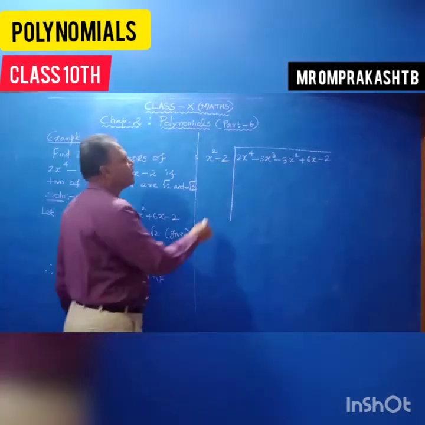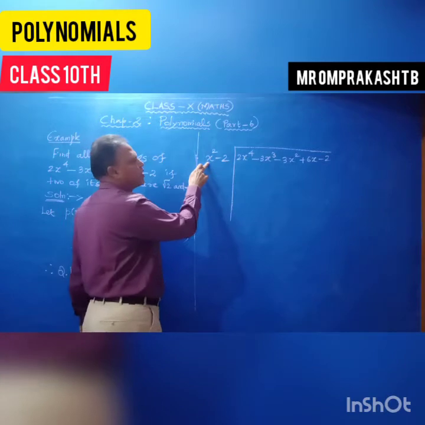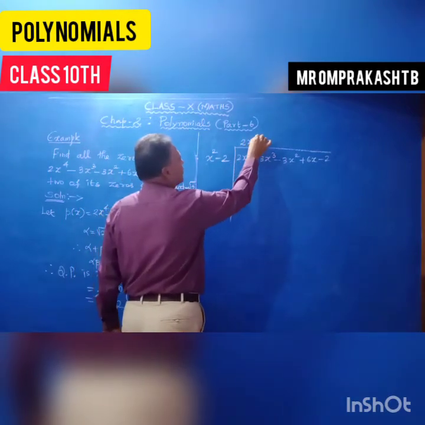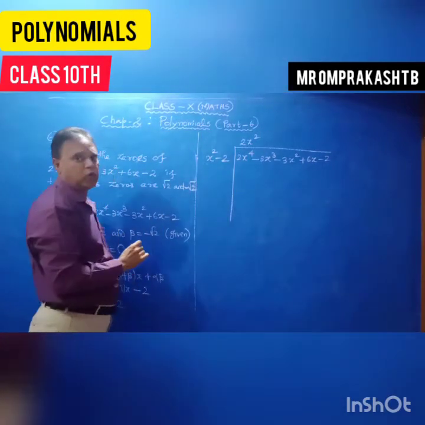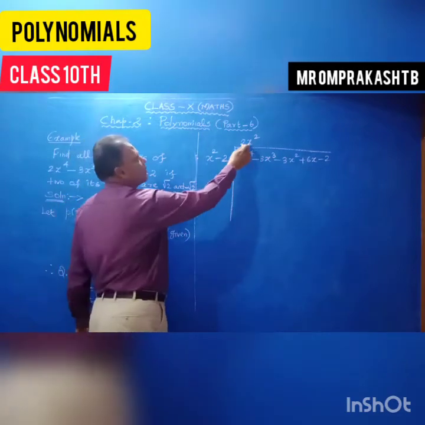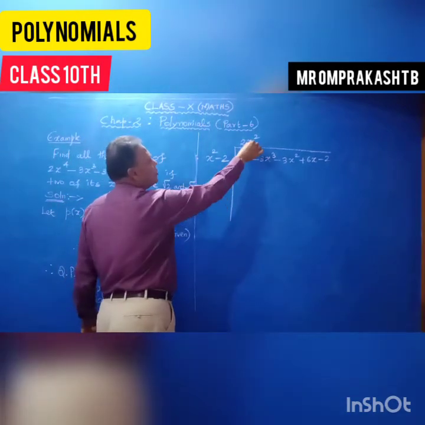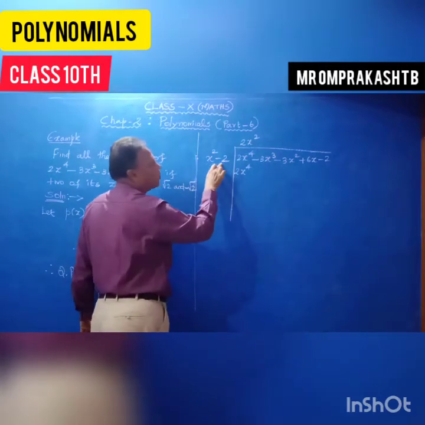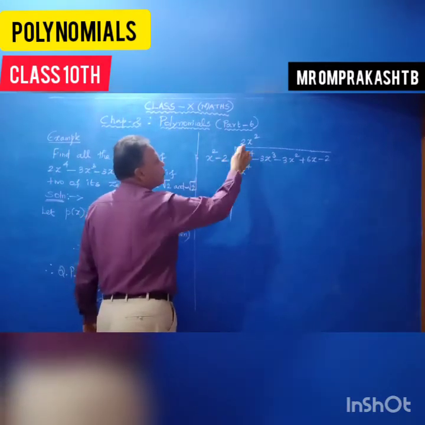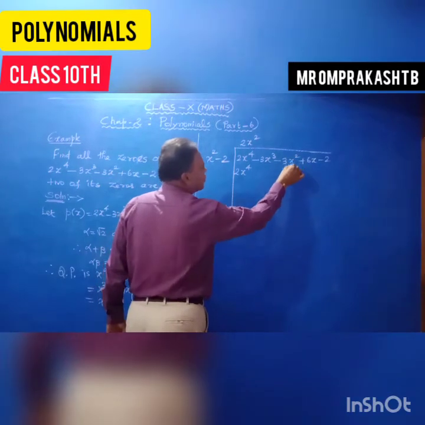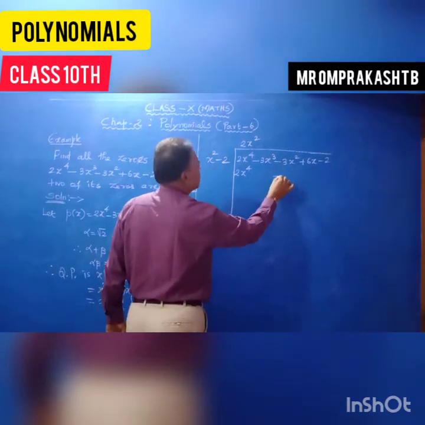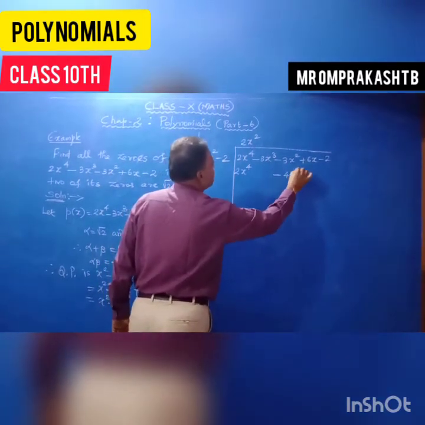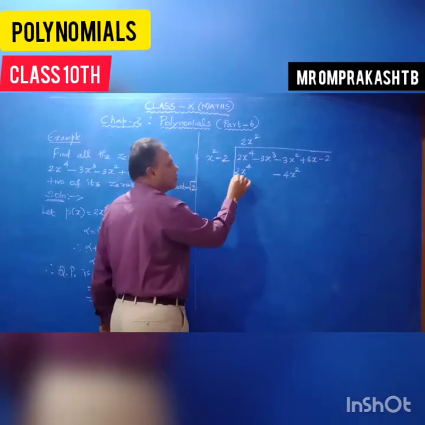So divide 2x power 4 by x squared is 2x squared. Correct? 2x squared. Now just to multiply, what will happen? 2x square into x square is 2x power 4. Both the time you have to multiply, clear? So minus 4x squared. X square term is here, so write it here. Minus 4x squared. Now subtract.